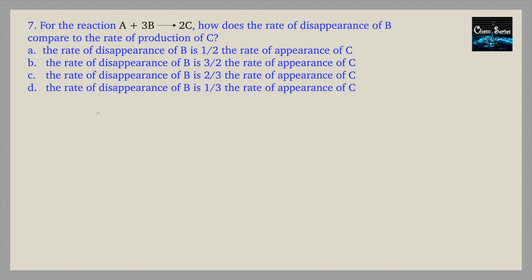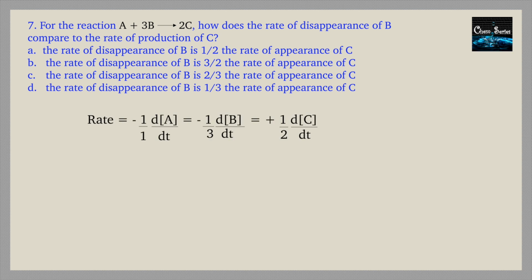Coming to the seventh problem. For a reaction A plus 3B giving 2C, how does the rate of disappearance of B compare to the rate of production of C? For this, you have to write the rate equation so that it will be very easy to find the match.